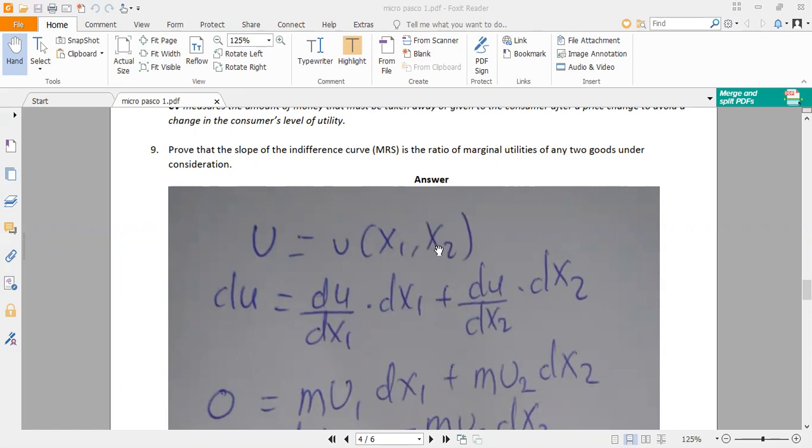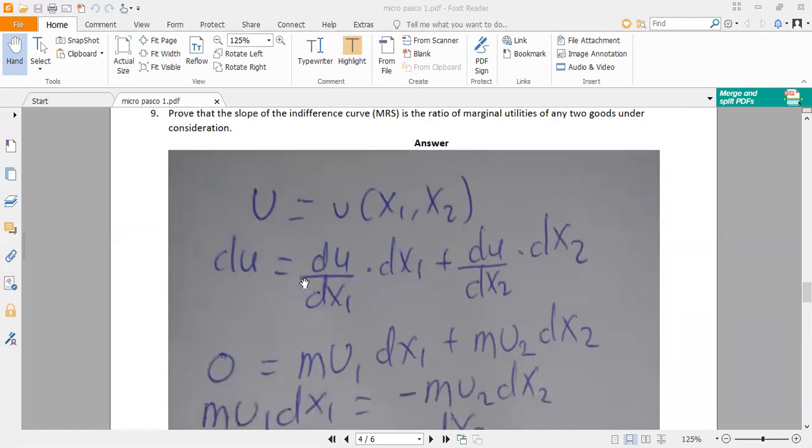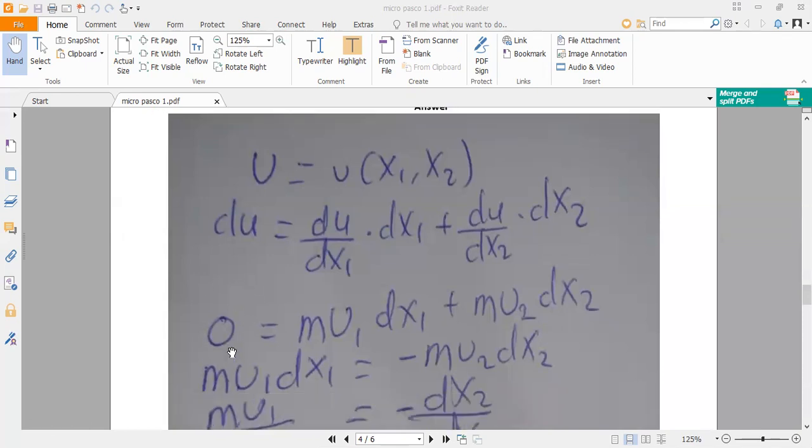Then with respect to x2, so ∂u/∂x2 times dx2. Now we are talking about an indifference curve. Okay, so for an indifference curve, there's no change in utility. So du is supposed to be 0. Change in utility is 0. That's why we have the 0 here.